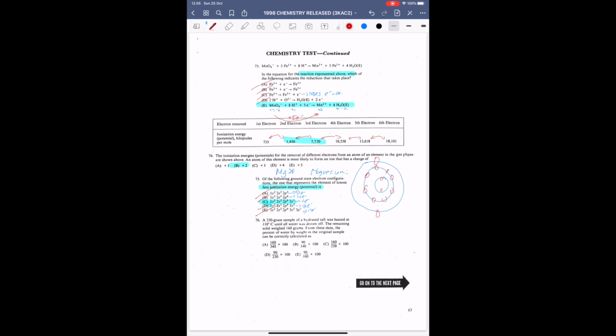Okay, number 76. 250 grams of hydrated salt is heated until all the water is evaporated. So the water is evaporated, and then you get 160 grams. So what does that say?